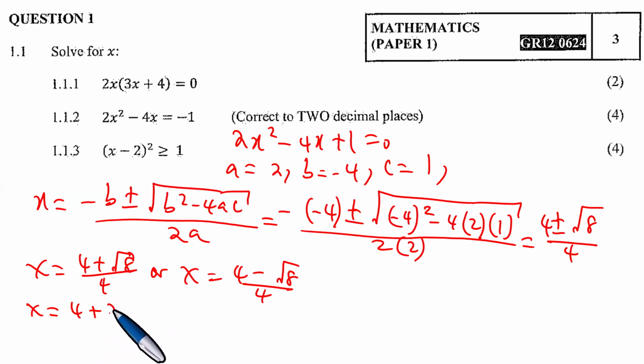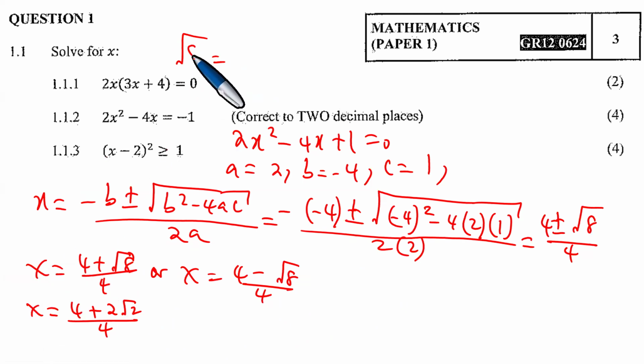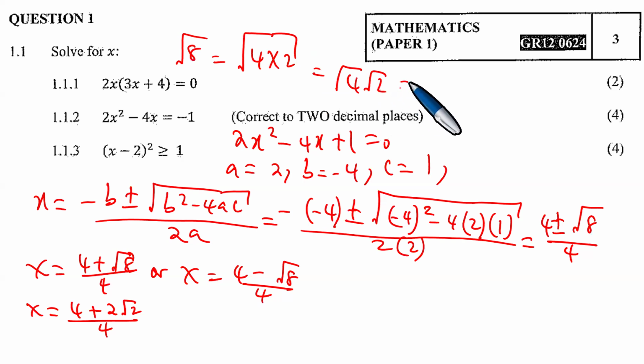The square root of 8 is the same as the square root of 4 times 2, which is the square root of 4 times the square root of 2, which is 2√2. So at this point, we can perform further simplification.